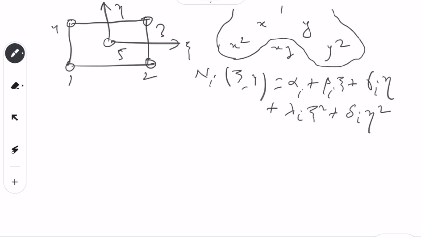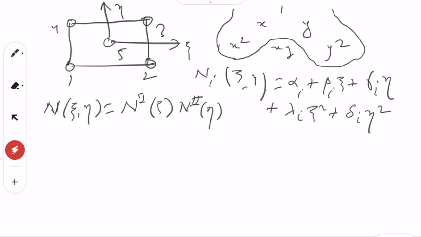So we can construct such a way that we have N_i(xi, eta) is equal to, then we just multiply N1(xi) multiplied by N2(eta), and in this case we look at the x direction.